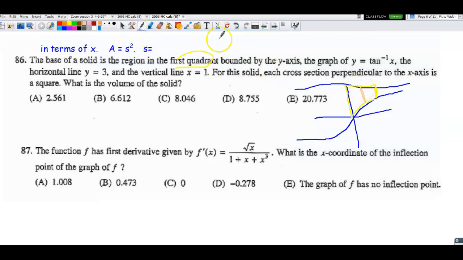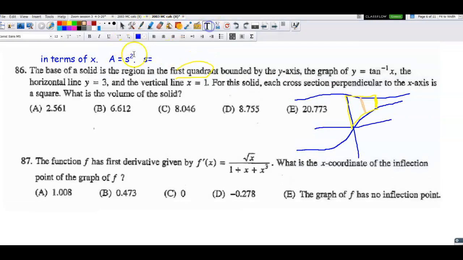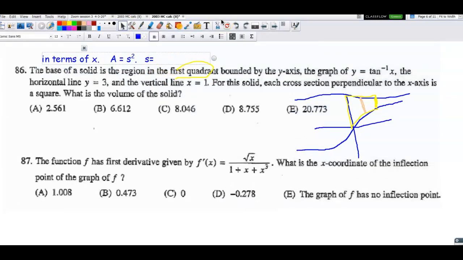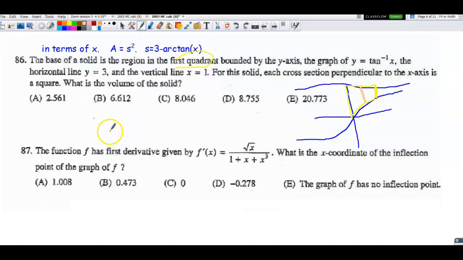So the top curve is actually the line 3. So if I come back up here, the length of the side is 3, top minus bottom, arc tan of x.